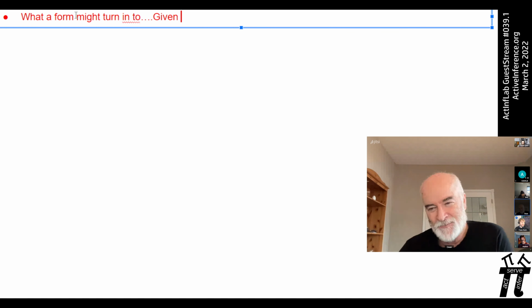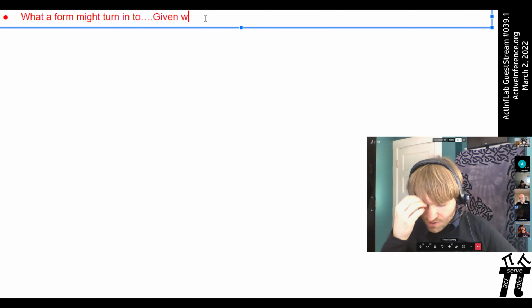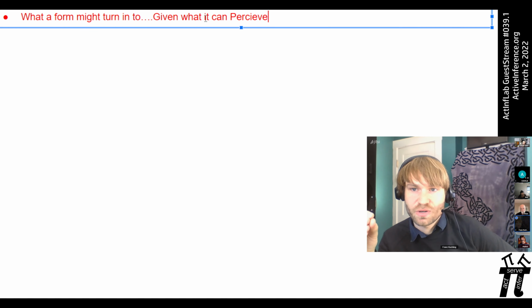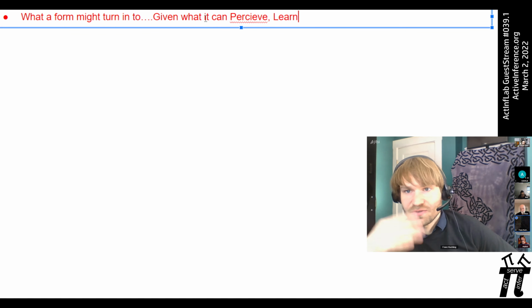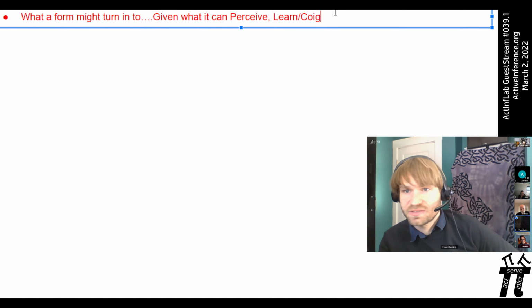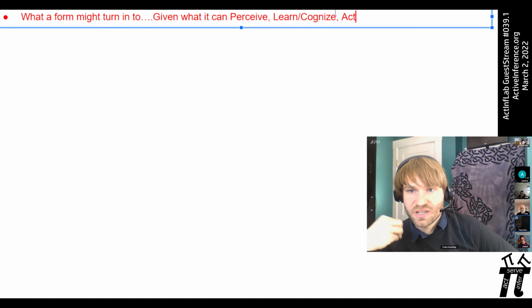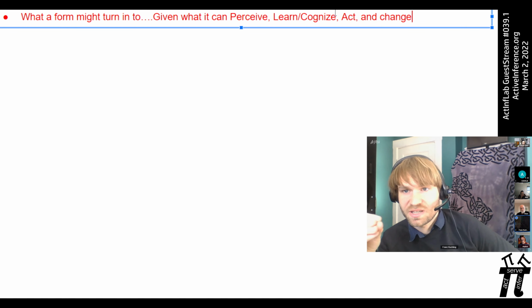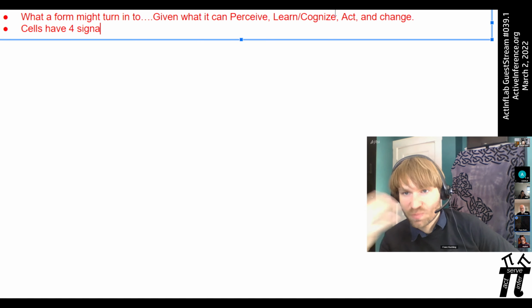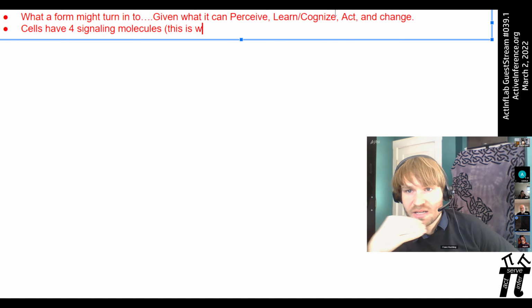Yes, that makes sense. I always like talking about models, like what you put in and what you get out. What we put into the model is an encoding of signaling responses. If you see signaling A, B, but not much of C and D, then you think you're cell type A, whatever that means, head type, and then you adjust your own signaling expression. Each cell has 4 signaling molecules that they can exchange, express, and sense, and based on different combinations of those, they think they're one or the other.